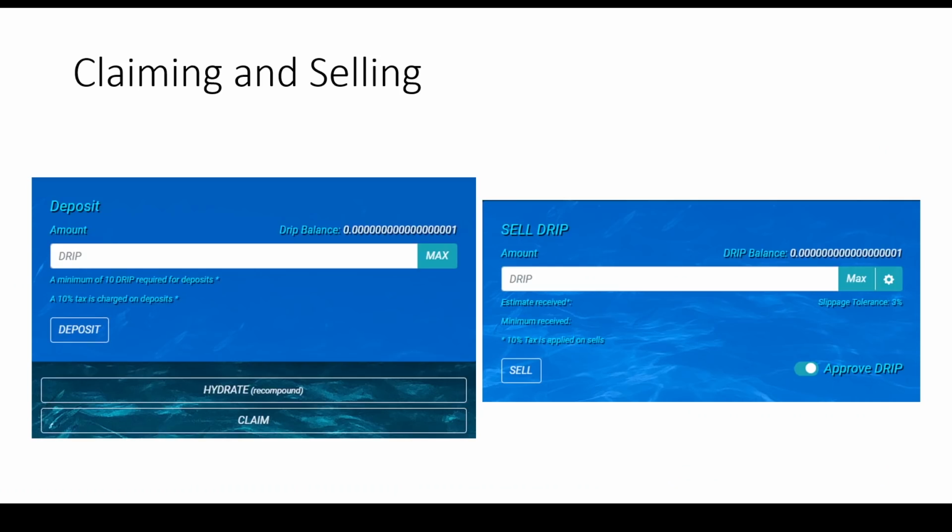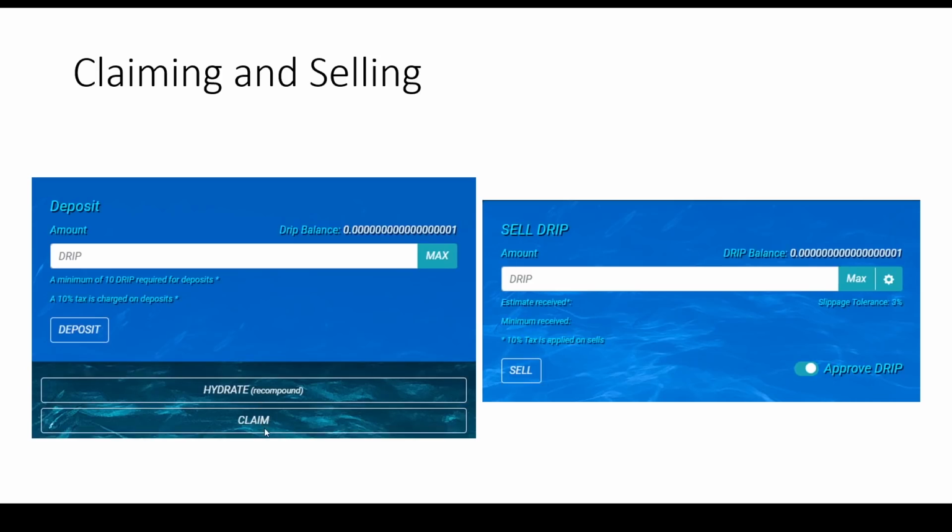All right. Claiming and selling. I saw on the Telegram recently, somebody said, well, how do I claim? It's very simple. This is done on the Faucet, drip.community/Faucet. You just click the claim button. There's a hydrate button and there's a claim button.